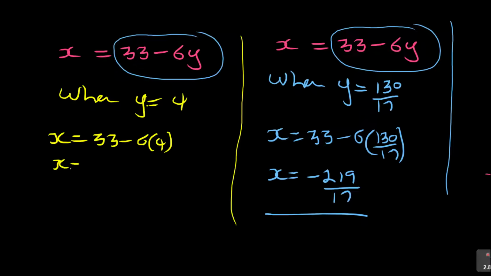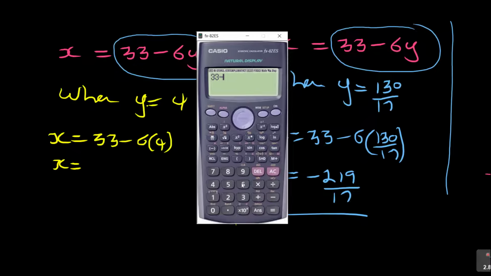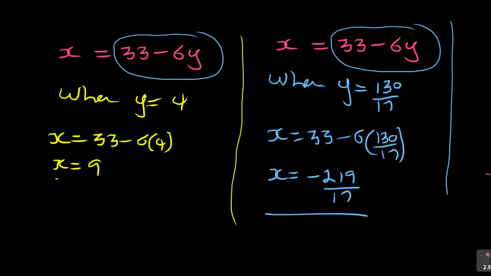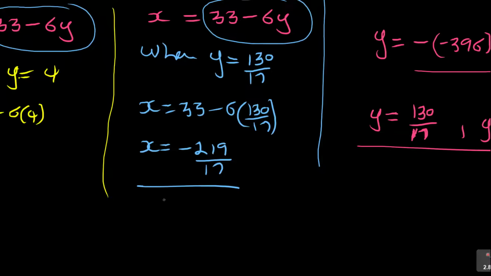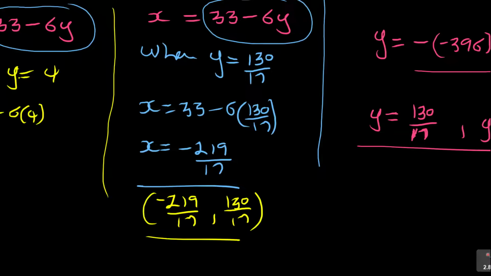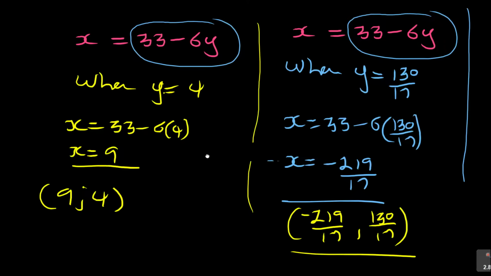So x is equal to, again, rely on the calculator, 33 minus 6 bracket 4, and then I'm getting 9. So you can write your answer in coordinate form to say when x is 9, y is 4, and on the other one to say when x is negative 219 over 17, y is 130 over 17. I'm not going to test this one, or we can test them both, but I simply want to try 9 and 4.